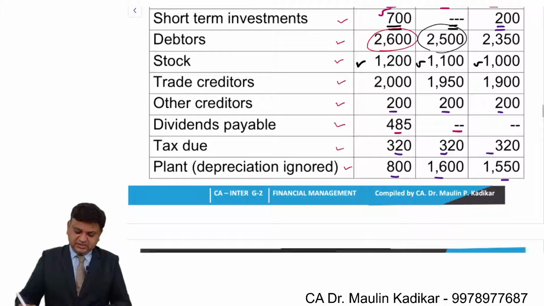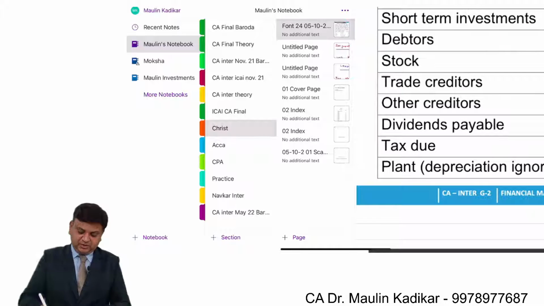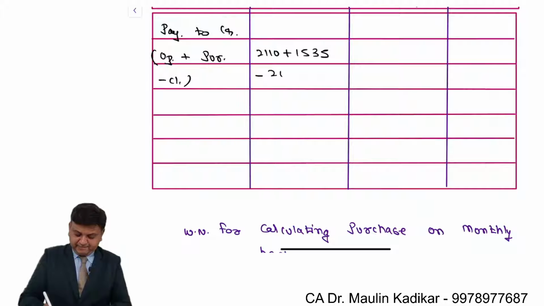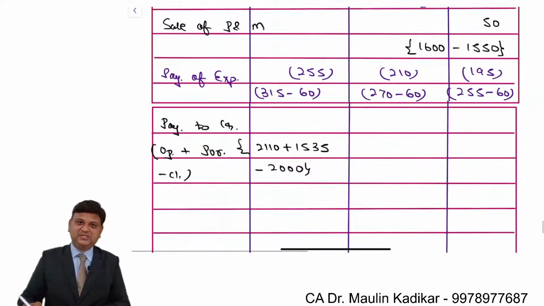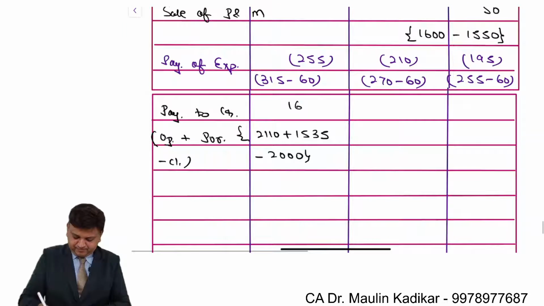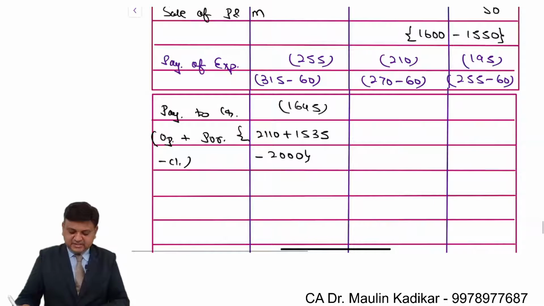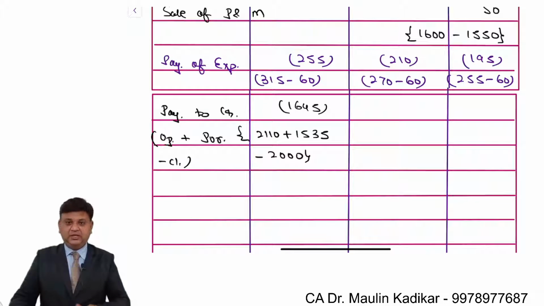The closing creditors is 2000. With that, the payment can be calculated. So use a calculator: 2110 plus 1535 minus 2000. So it is 1645. That is the payment to creditors. This is the month of January. Similarly for February and March, it will be calculated.